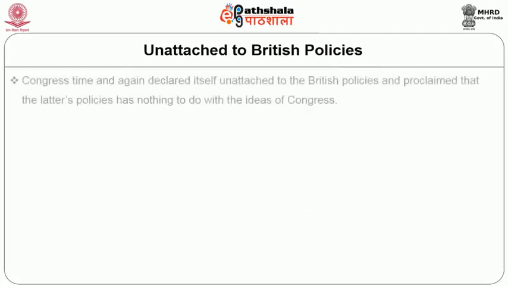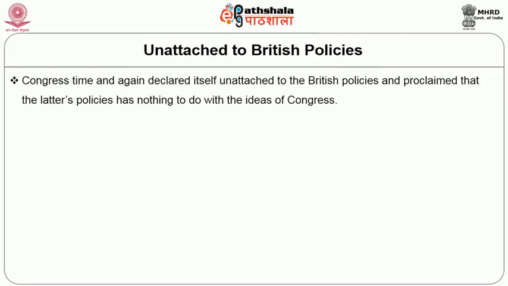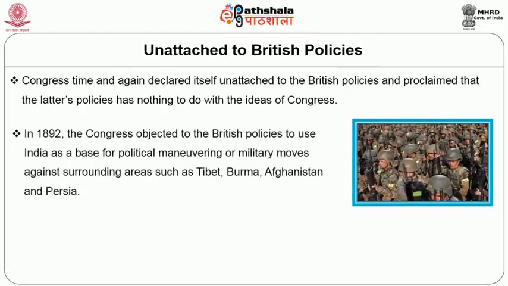Congress time and again declared itself unattached to the British policies and proclaimed that the latter's policies had nothing to do with the ideas of Congress. In 1892, the Congress objected to the British policies of using India as a base for political maneuvering or military moves against surrounding areas such as Tibet, Burma, Afghanistan, and Persia.